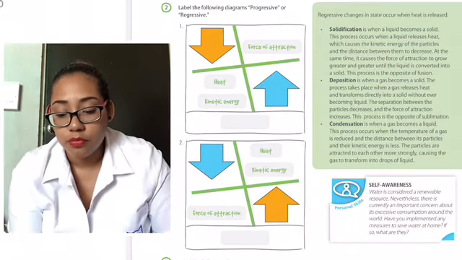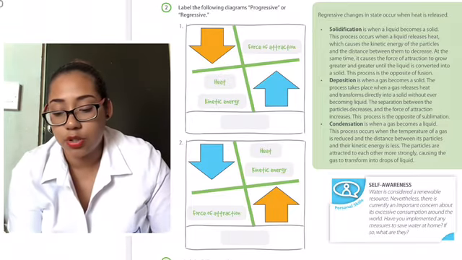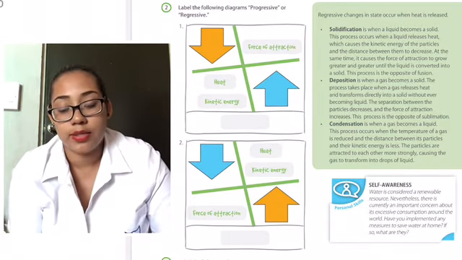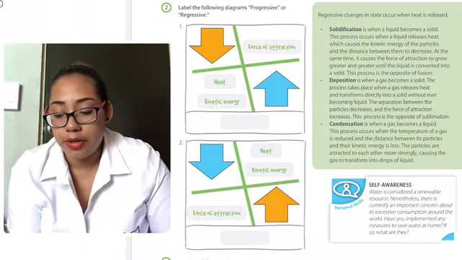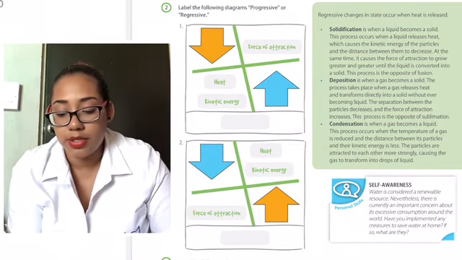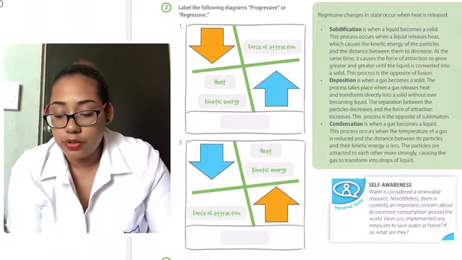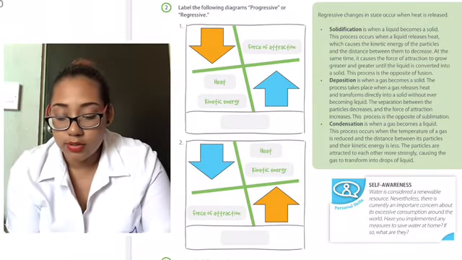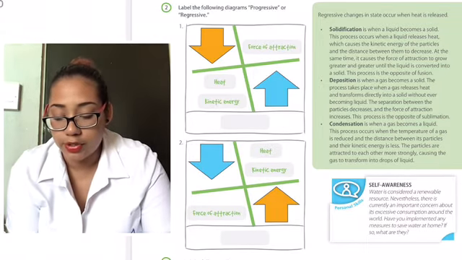Deposition is when a gas becomes a solid. The process takes place when a gas releases heat and transforms directly into a solid without ever becoming liquid. The separation between the particles decreases, and the force of attraction increases.